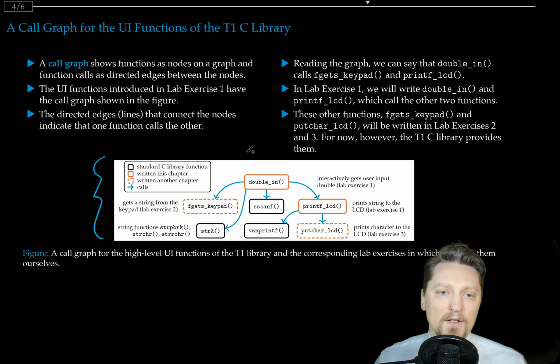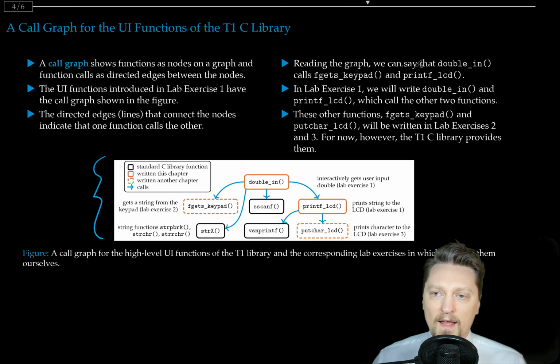The directed edges, or lines in blue, that connect the nodes indicate that one function calls the other. So double in calls fgetskeypad, it calls sscanf, it calls printf LCD, printf LCD calls vsnprintf and putchar LCD.